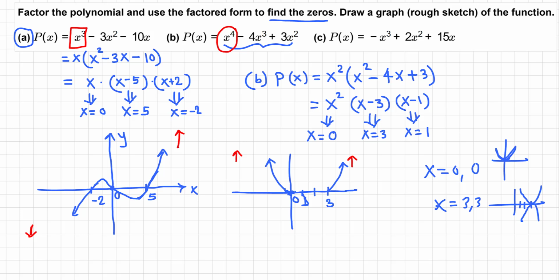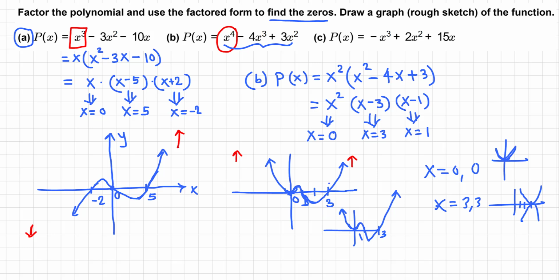At 0 it has to go back, then it goes through 1 and 3. So like this one. Let me draw one more time. At 0 we have this situation. At 1 it goes through, and at 3 it goes through, and eventually up, eventually up.